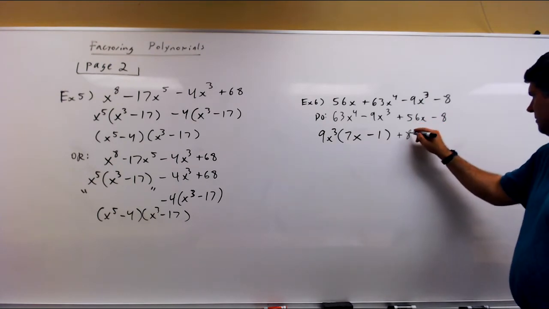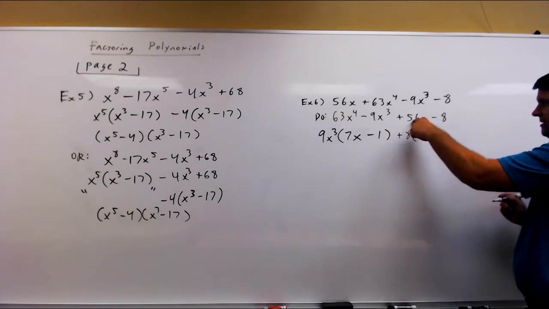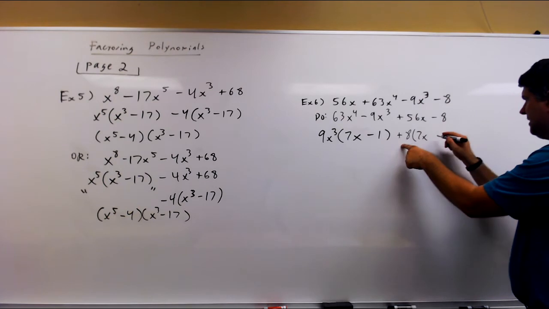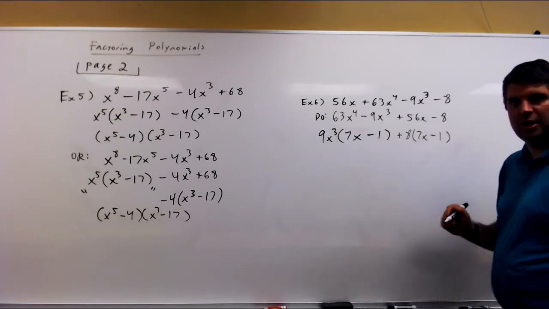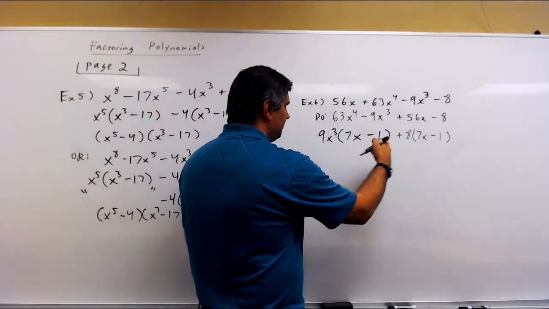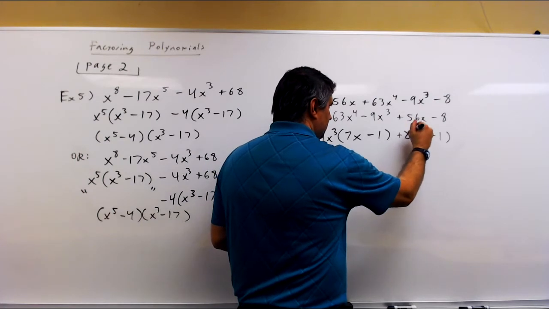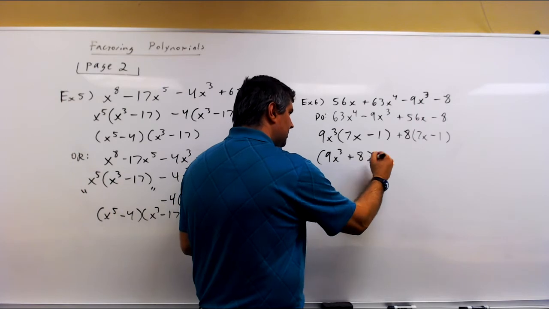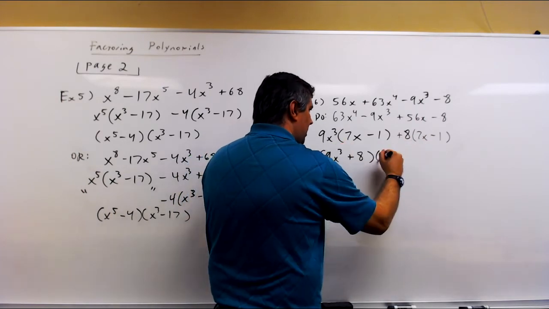Take out the 8. So 56x divided by 8 is 7x. And negative 8 divided by 8 is minus 1. So we will have 9x cubed plus 8 times 7x minus 1.